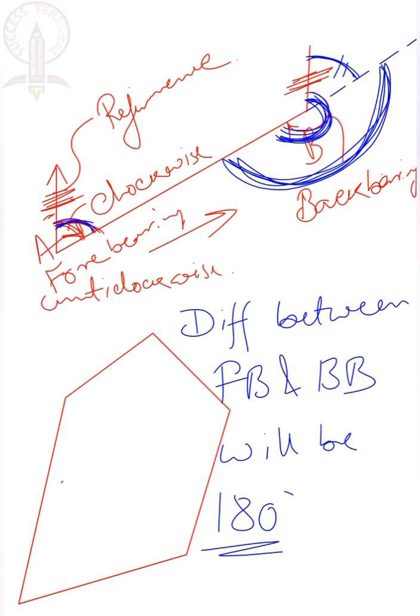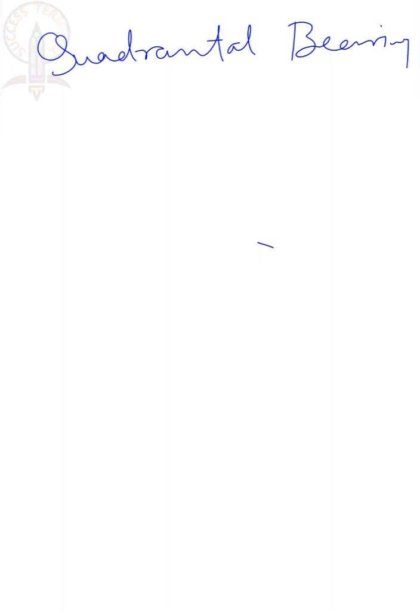Now I have told you there are different types of bearing. Another bearing is reduced bearing or quadrantal bearing. Let's talk about quadrantal bearing. What do you mean by quadrantal bearing? It is denoted as QB. That was denoted as WCB for whole circle bearing. Achha.